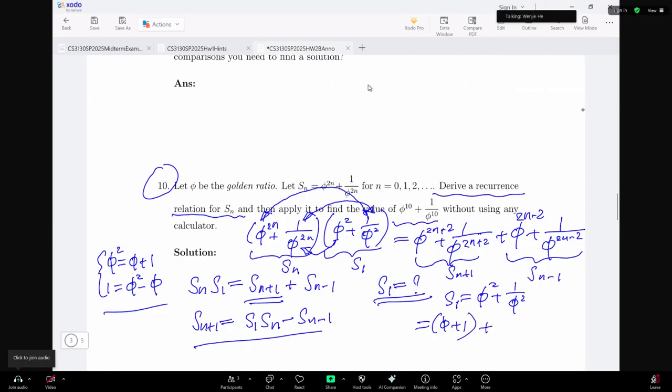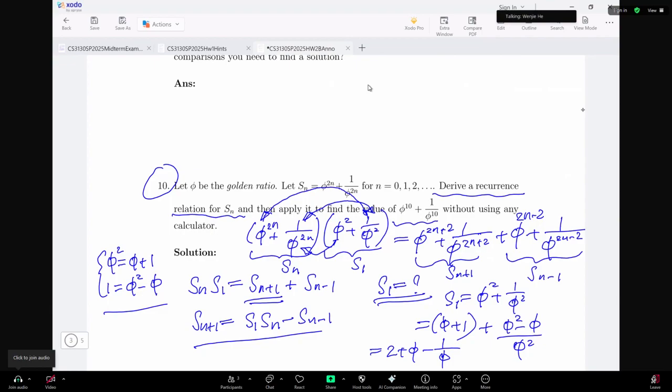Can you replace 1 by phi squared minus phi? Simplification: 2 plus phi minus 1 over phi, right?